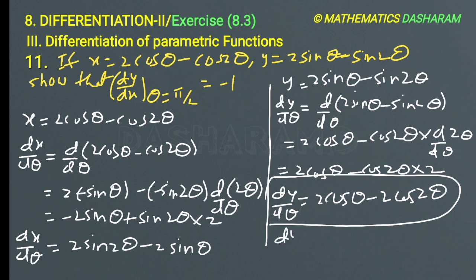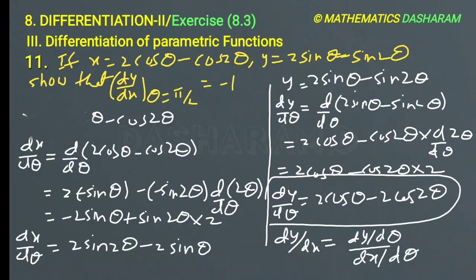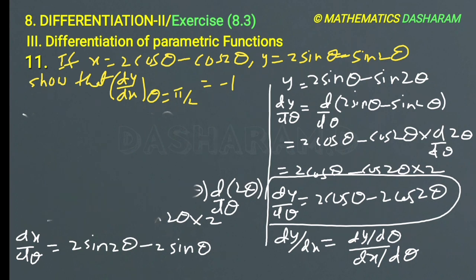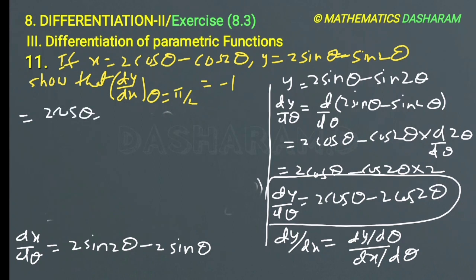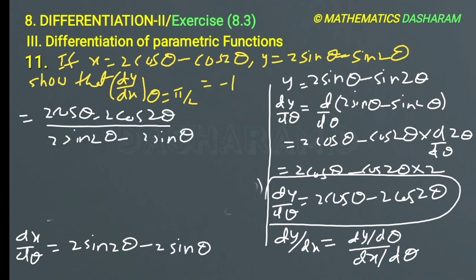So now our required answer is dy by dx. It equals dy by d theta divided by dx by d theta. So it equals dy by d theta value 2 cos theta minus 2 cos 2 theta, and dx by d theta is 2 sin 2 theta minus 2 sin theta.